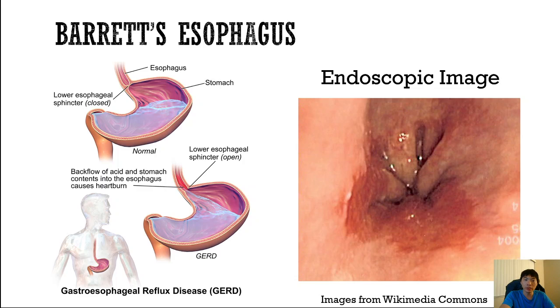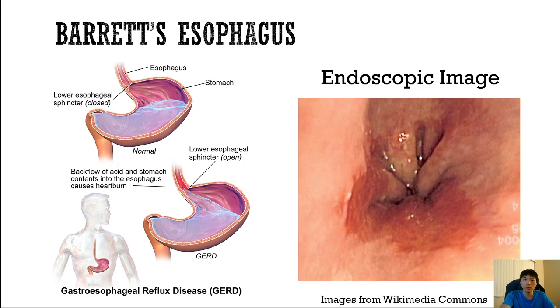So if we insert the endoscope down the esophagus and look at the esophageal sphincter, we can see whether or not the cells in the lower esophageal sphincter and the lower esophagus have changed in appearance. And in this case, what we're seeing here is an early sign of cancer, and this is a condition known as Barrett's esophagus.